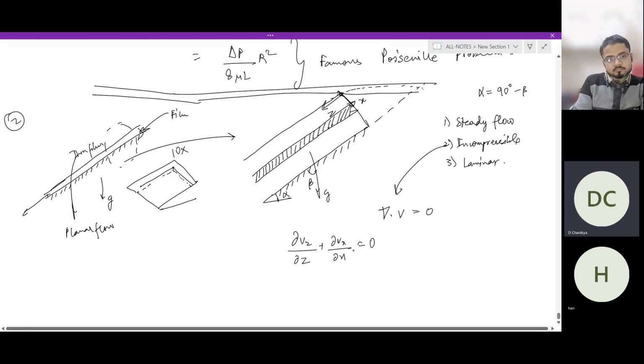This is the film, flowing downwards. So due to the symmetry of this problem, you can also write that Vx would be equal to 0.